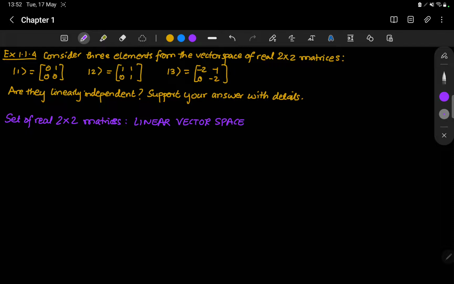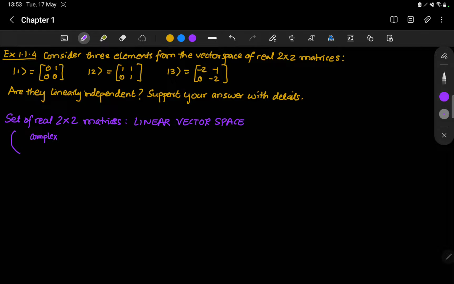And how is that? This can be seen by again verifying those 8 axioms. Similarly, not only just the set of real 2 cross 2 matrices, even the set of complex 2 cross 2 matrices will also form a linear vector space.